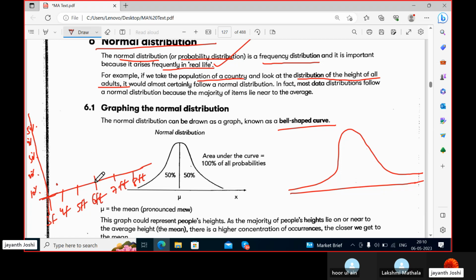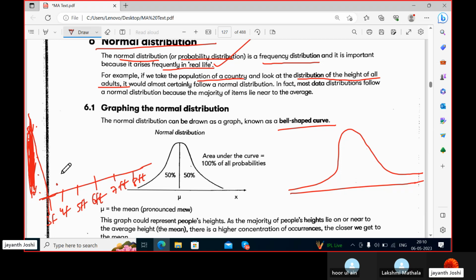So the average height happens to be 6 feet. Someone I picked up had a height of 4 feet. Let's not discuss these probabilities.